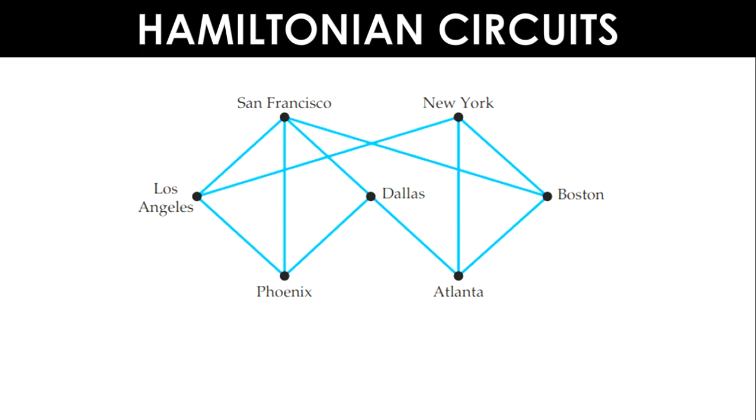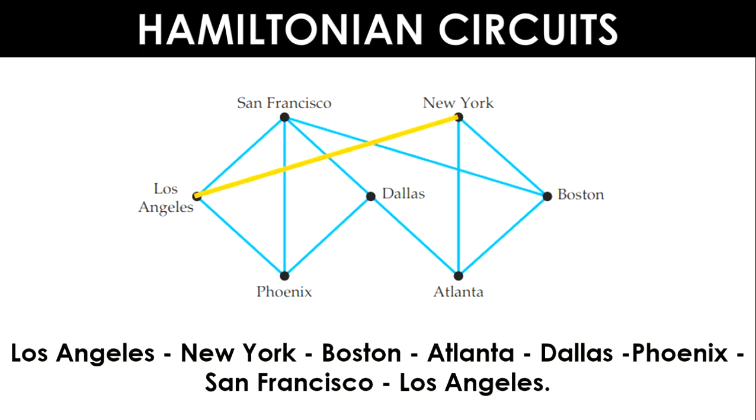We have San Francisco, New York, Boston, Atlanta, Dallas, Phoenix, Los Angeles. In this case, there is actually an Euler circuit here, Hamiltonian circuit rather. Let's start with LA, going to New York, Boston, Atlanta, Dallas, Phoenix, San Francisco, then you end up at LA.